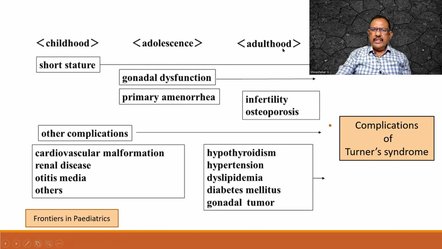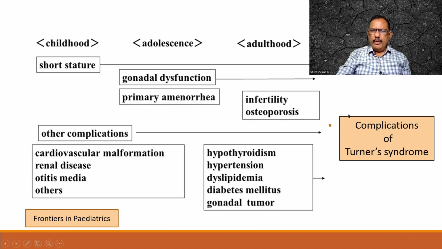And when the child becomes an adult, there is an obvious infertility, weakening of the bones or osteoporosis, hypothyroidism, hypertension, dyslipidemia, sometimes diabetes. And paradoxically, there can be a gonadal tumor also. All these are certain features of Turner's syndrome.